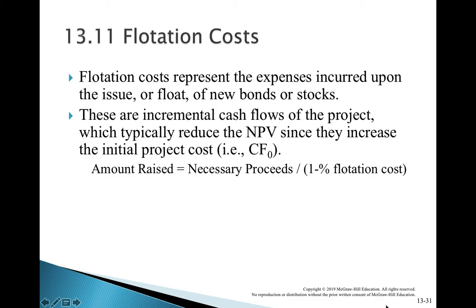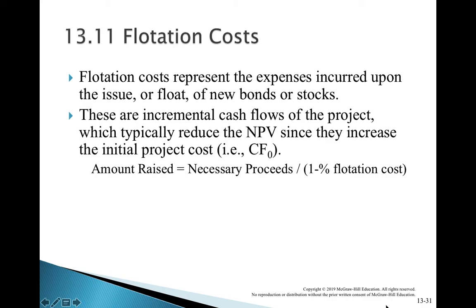That means you have got 110 million. The flotation costs are 12%, which means that for issuing the equity, you have spent 12 million at the beginning as the issuance cost. Then what will be the net amount raised?